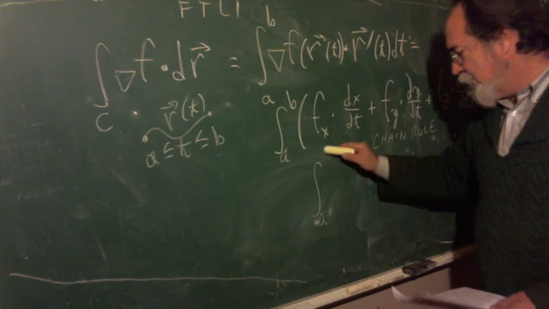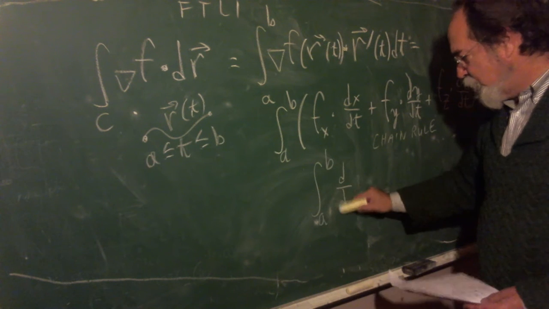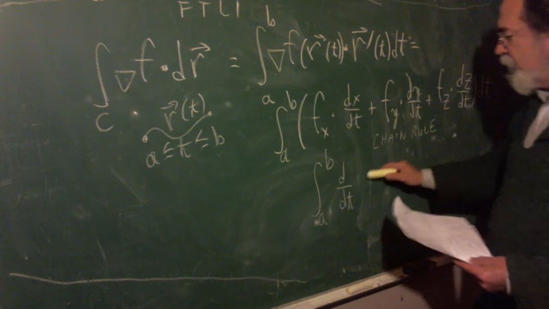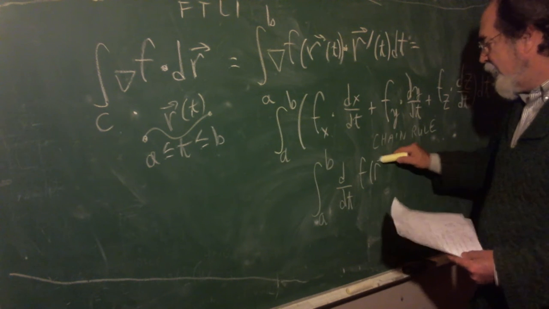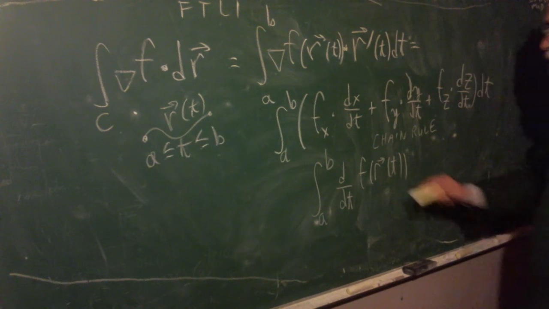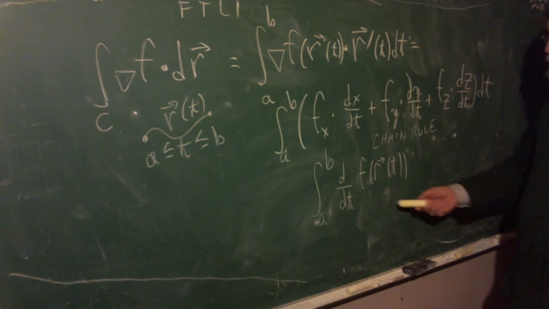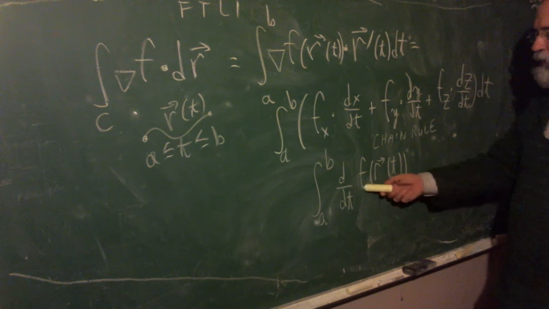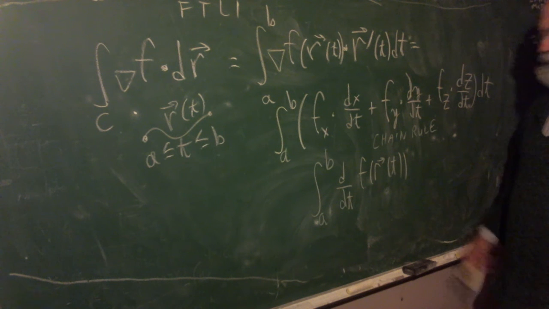It's the integral from A to B of the derivative with respect to t of f of r of t. It just so happens that the gradient works out to match what we would do if we did this derivative, where f was a function of x, y, z.